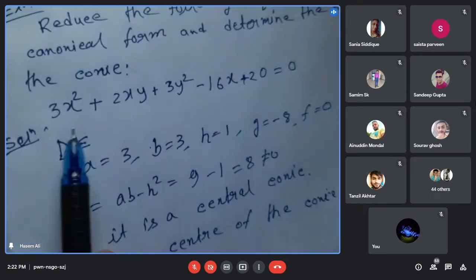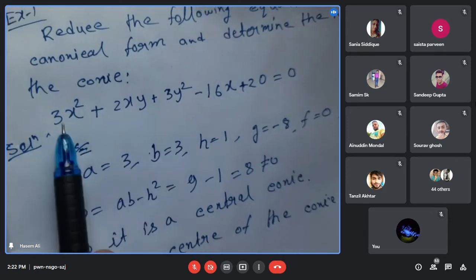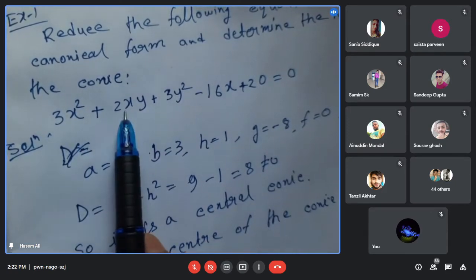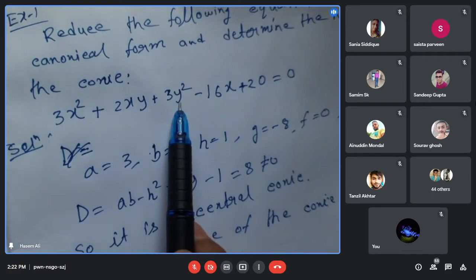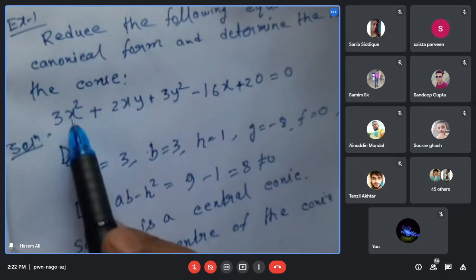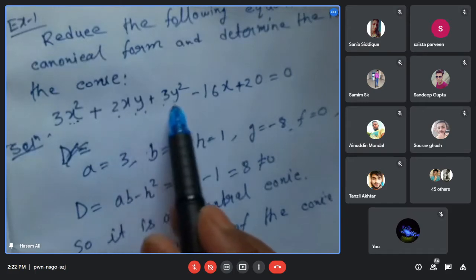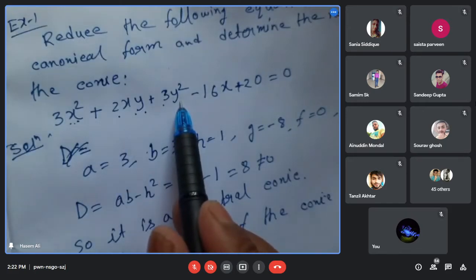here 3x square plus 2xy plus 3y square. See this, here 3x square plus 2xy plus 3y square. So in the new equation, the second degree term will be the same. This will be 3x dash square plus 2x dash y dash plus 3y dash square. Is it clear?